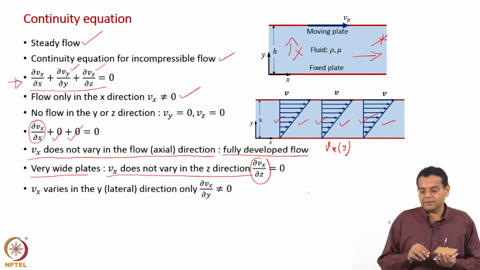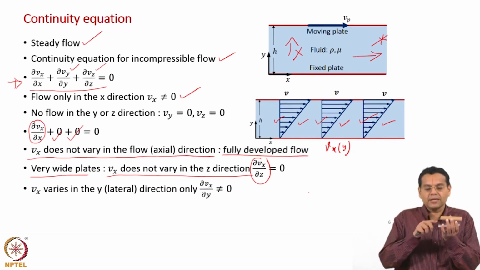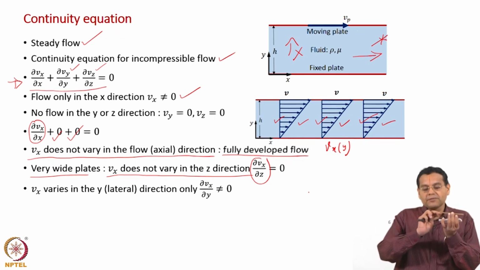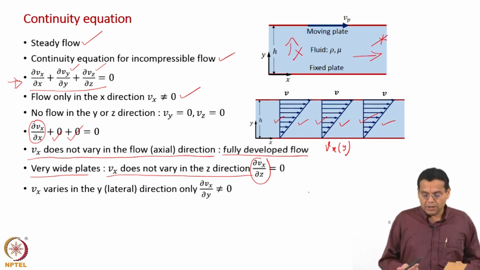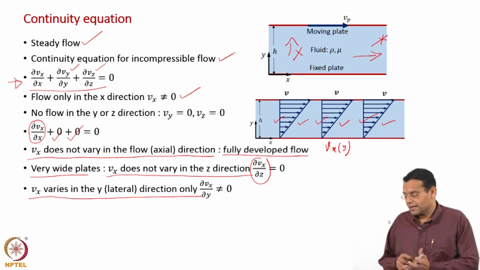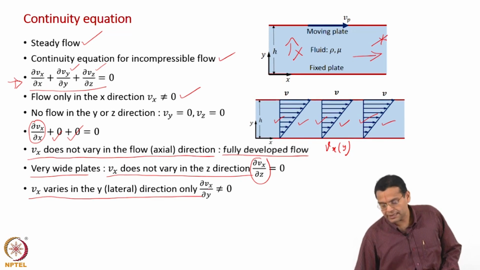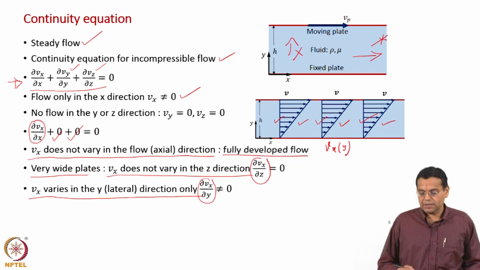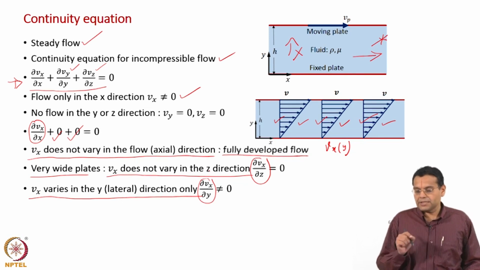So, only direction in which Vx can vary is the y direction. This Vx not varying with x direction is a conclusion from the continuity equation. Vx not varying with z direction is an assumption. So, Vx will vary only in the y direction, which we call as the lateral direction. So, only this derivative will remain. What is that? Variation of Vx in the y direction, that derivative will not be equal to 0.